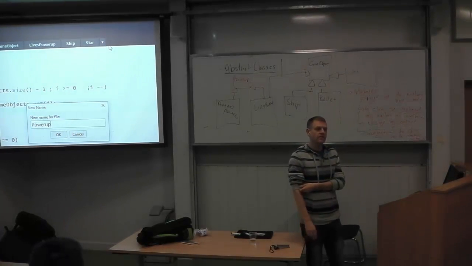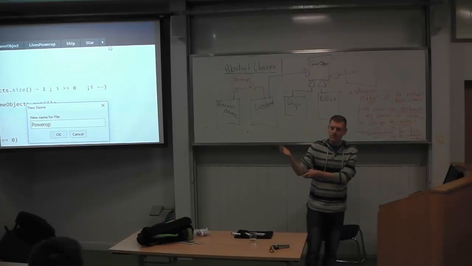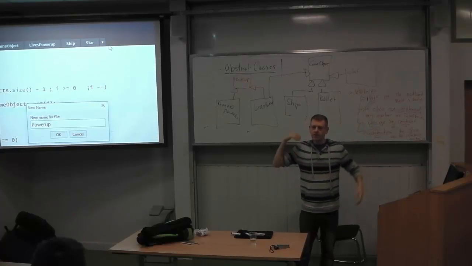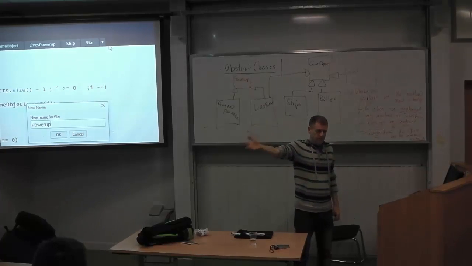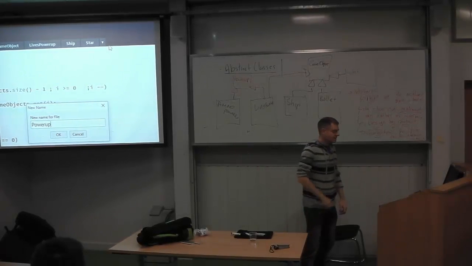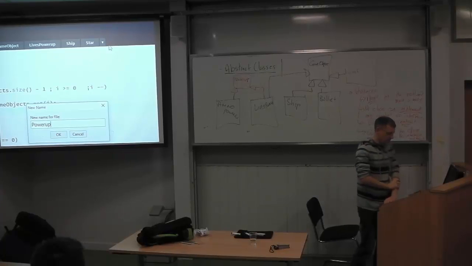So another class can call those methods safe in the knowledge that the class has got those methods on it. That's what design by contract means.